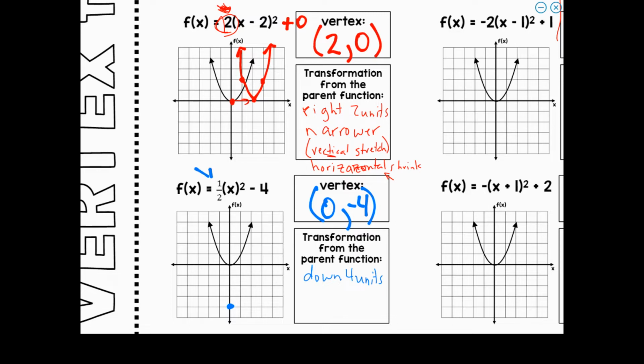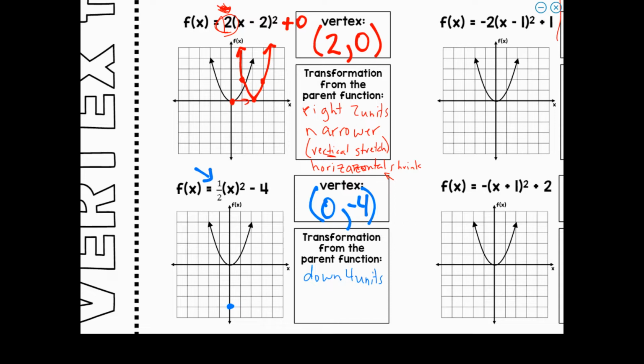But what does this fraction do here? It widens. It makes it wider. So for this one, normally I would say, well, it goes up 1 over 2 like we would a normal slope, but it actually doesn't.